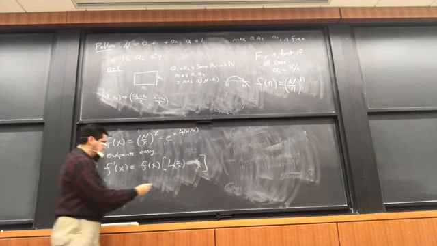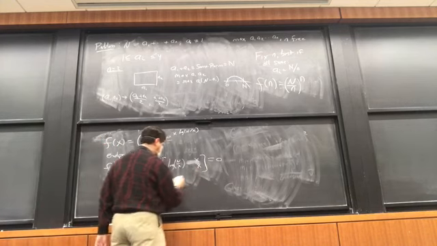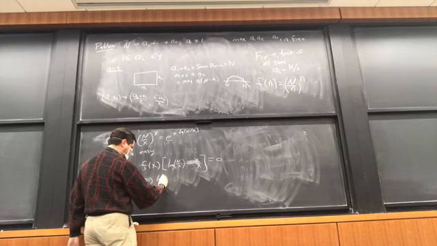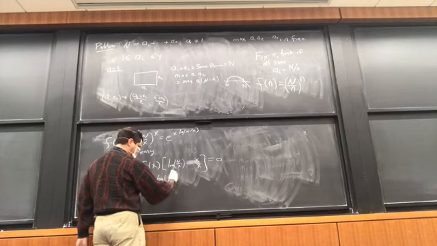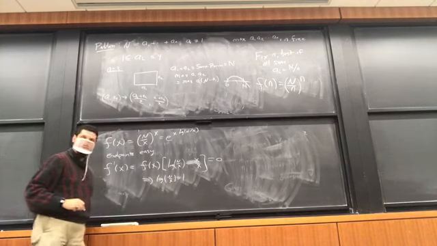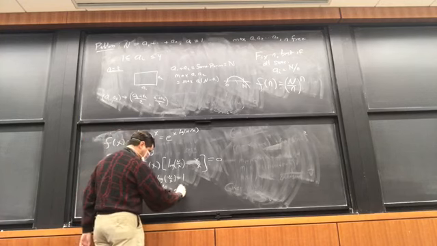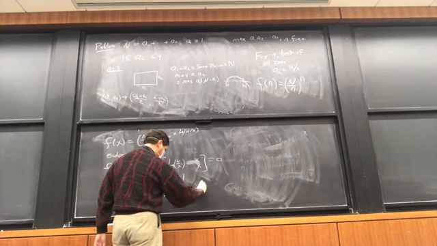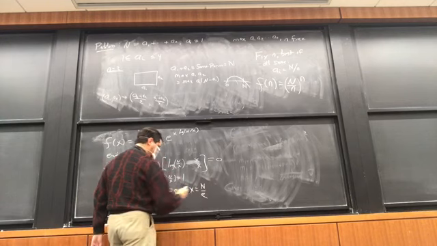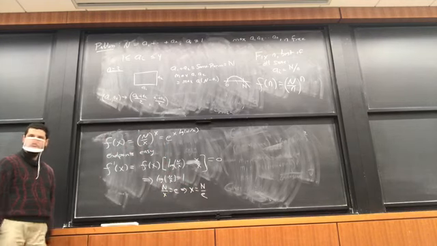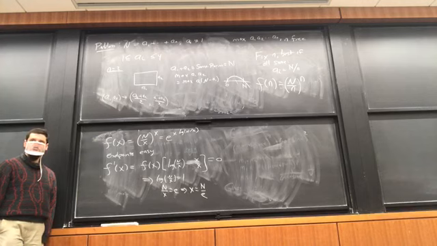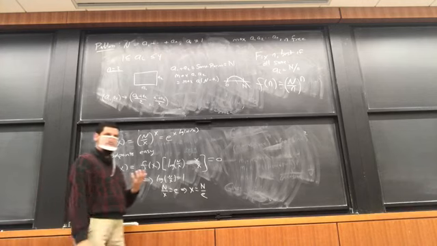Okay, and we want this to be 0. So this implies the log of n over x equals 1. So n over x equals e. So x is equal to n divided by e. So we have the real optimal.